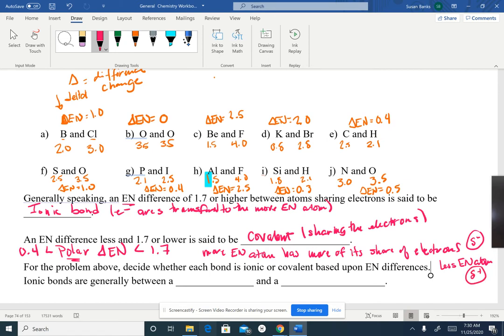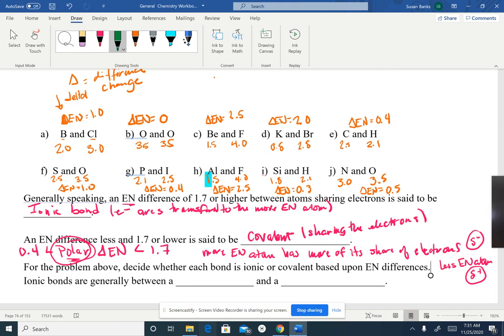Because we have partial positives and partial negatives, that creates poles like a magnet, a positive pole and a negative pole on that molecule. That's why we call these molecules polar, because they have poles. So we're going to decide on each of these bonds that we have up top whether it's ionic, polar covalent, or non-polar covalent. We're going to look at these electronegativity differences that we have created.